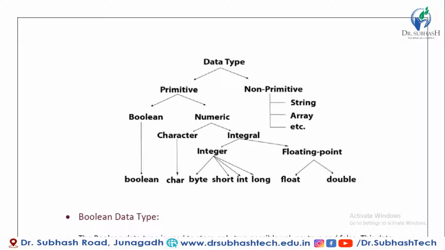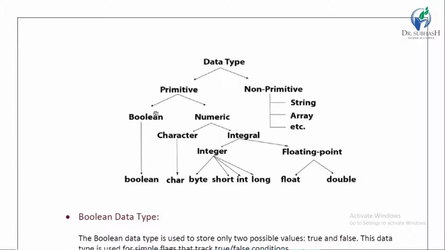As we see on the screen, data types can be primitive and non-primitive. Let us try to understand what is primitive. It means the data types we have seen in the C language: character, byte, short, integer. We can calculate their values, how many values we can assign, what the range is, and how many fixed values there are. Non-primitive means the class type data types.